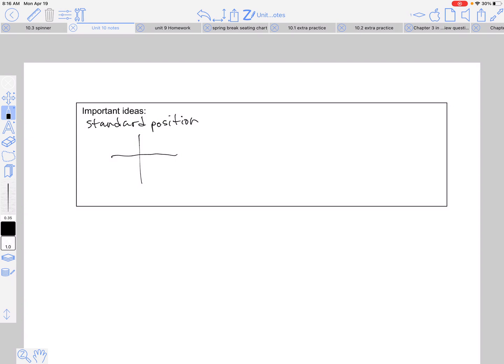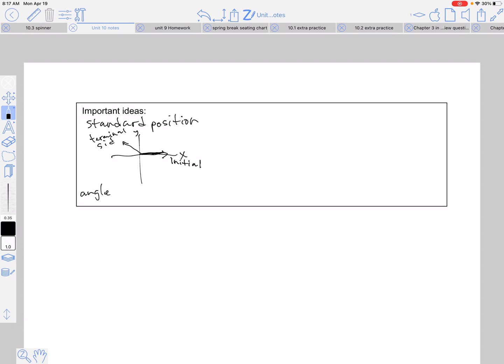Sorry, I couldn't get the words out quick. So we can graph on an xy plane, a coordinate plane. Our initial side is here, and we'll have a terminal side somewhere else. So it's an angle.